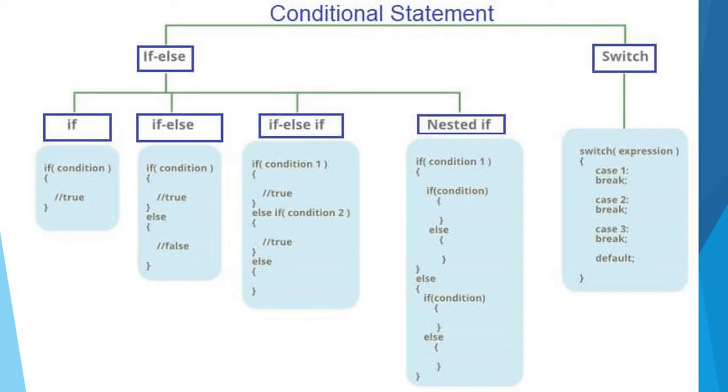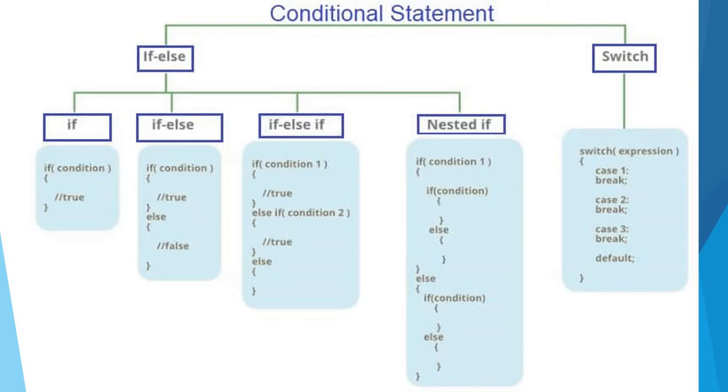Next, else if. Over here we are using more than one condition. If there is a true condition, it will go for that. Next, else if, again a true statement, and finally the false. So if you want to use more than one condition at a time, we will take a simple example.